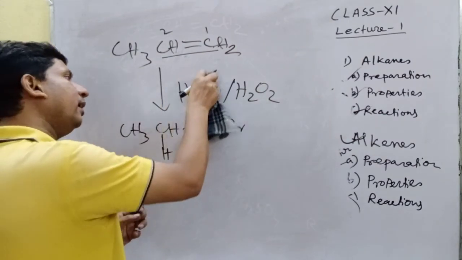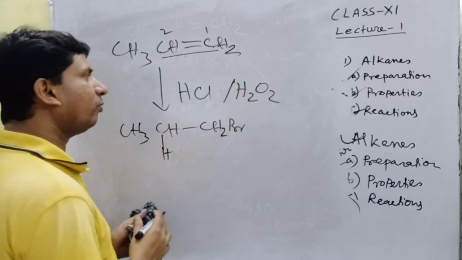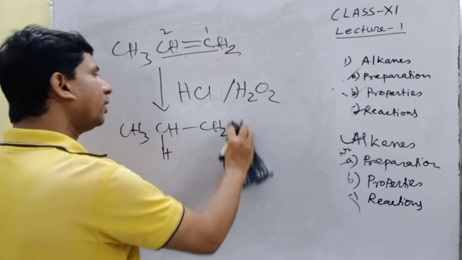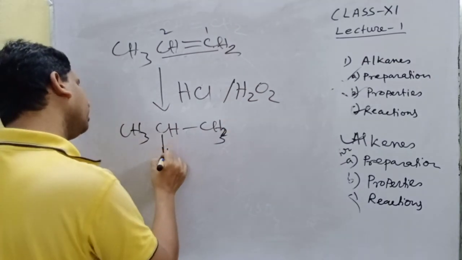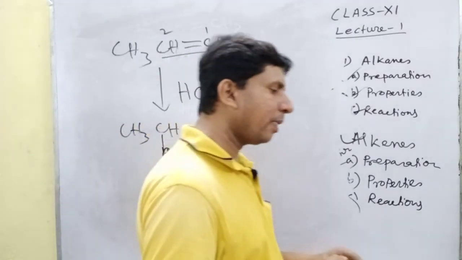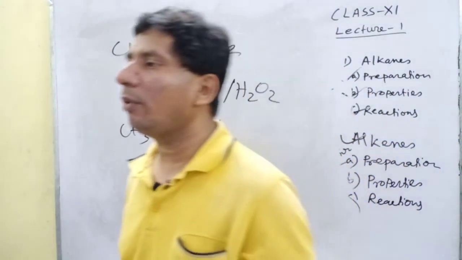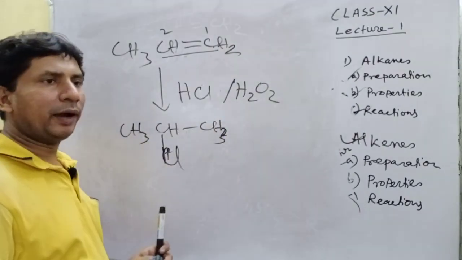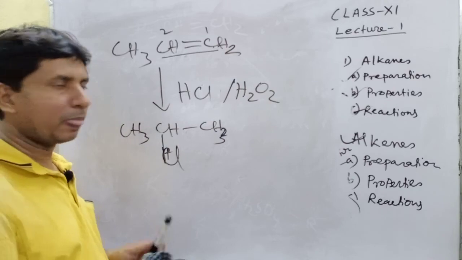But if it is HCl in presence of H2O2, it does not follow the anti-Markovnikov rule. It will be this. So only HBr maintains the Markovnikov rule and also the anti-Markovnikov rule, and any other compound always maintains the Markovnikov rule.